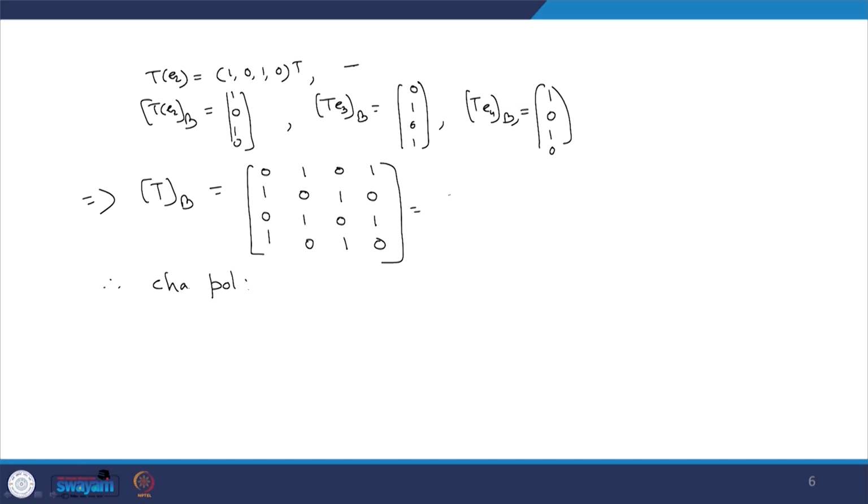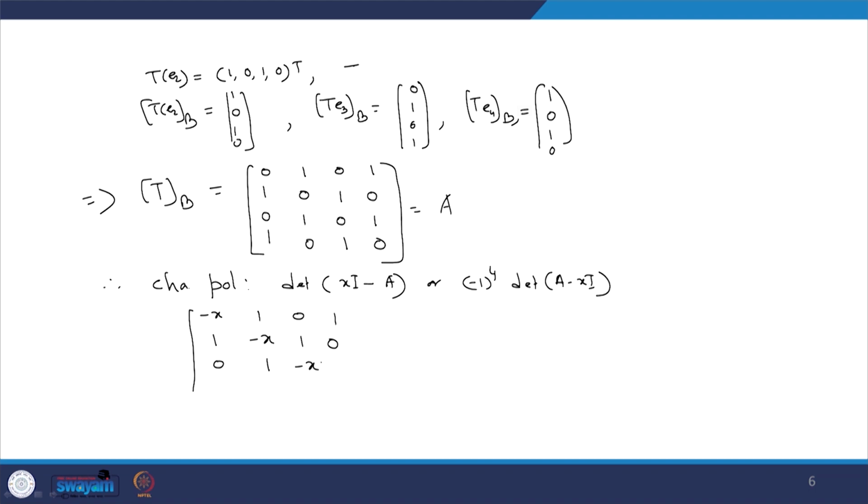Suppose this matrix is equal to say capital A, the characteristic polynomial will be determinant of x I minus A, or minus 1 to the power 4 into determinant of A minus x I. If I do it, it will basically be minus x 1 0 1, 1 minus x 1 0, 0 1 minus x 1, and 1 0 1 minus x.